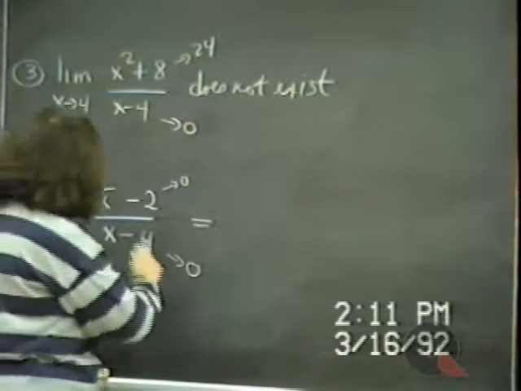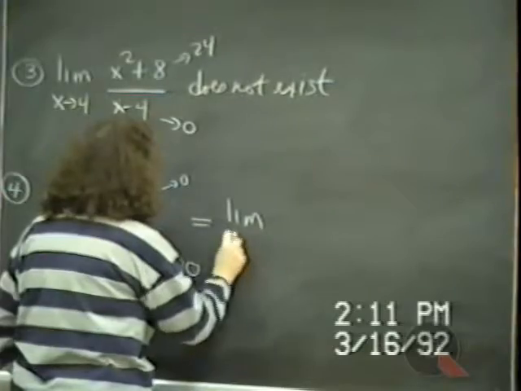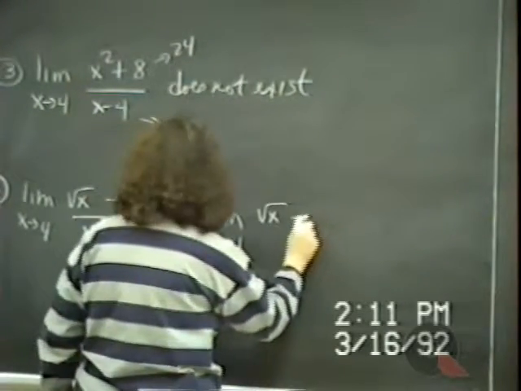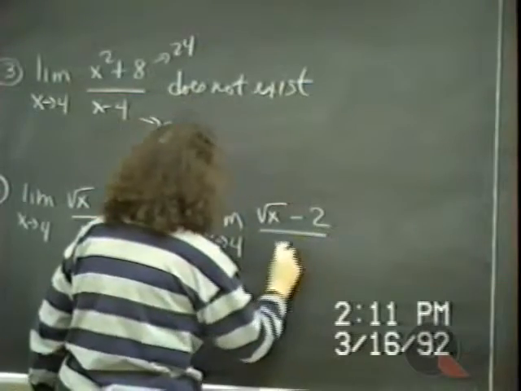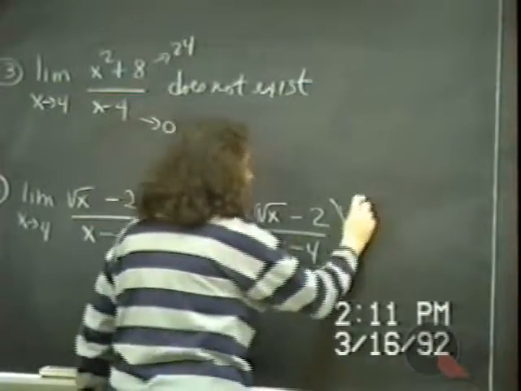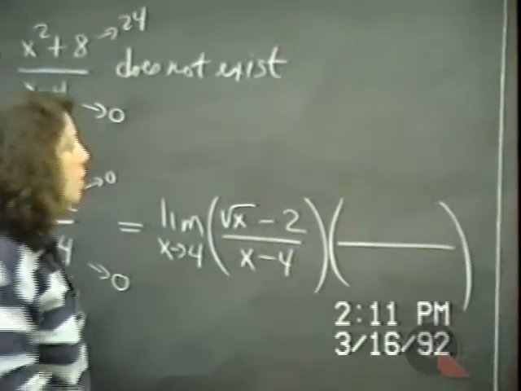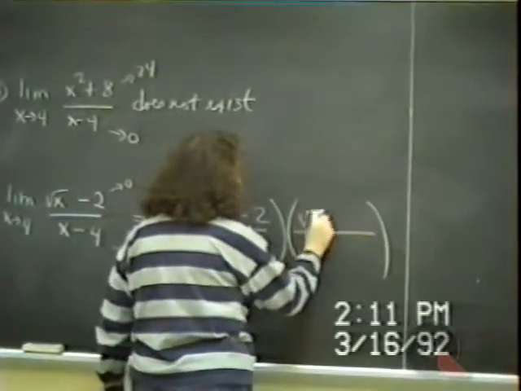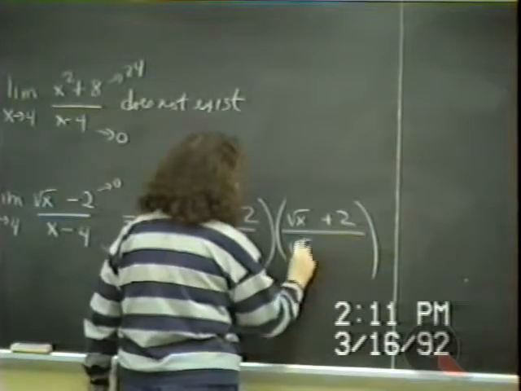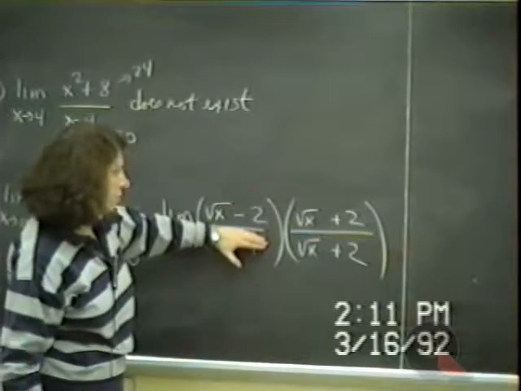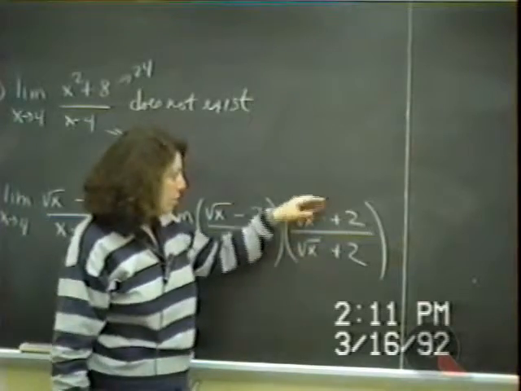When we're involving a square root, what very often works is to multiply by 1 in the following form. You see where it says the square root of x minus 2? Multiply top and bottom by the square root of x plus 2, the conjugate of the numerator. Now, first of all, we're multiplying by 1.